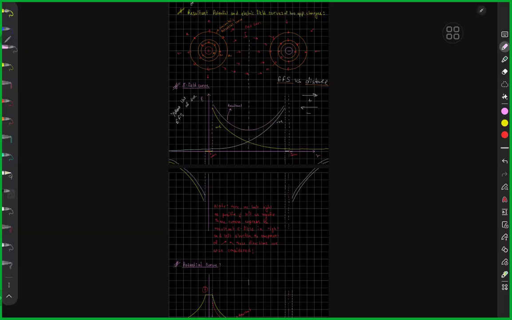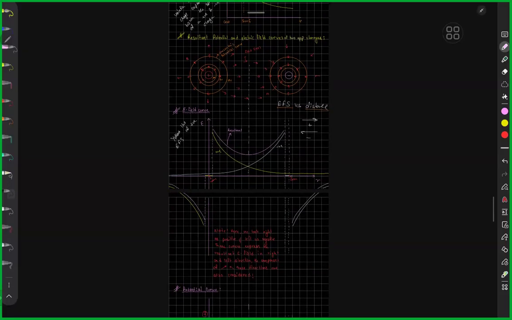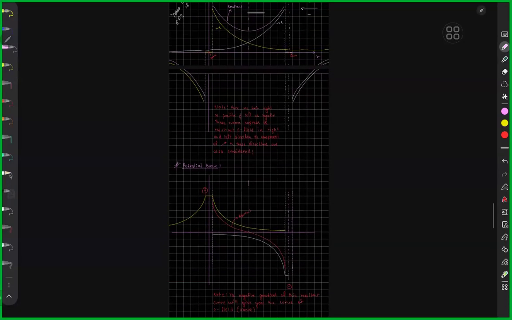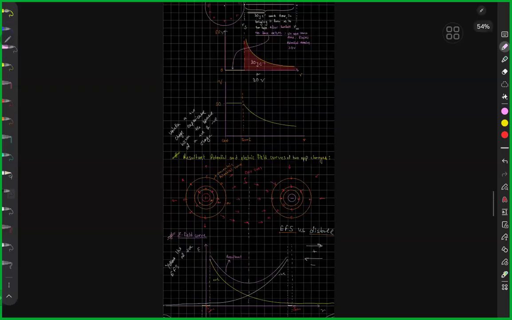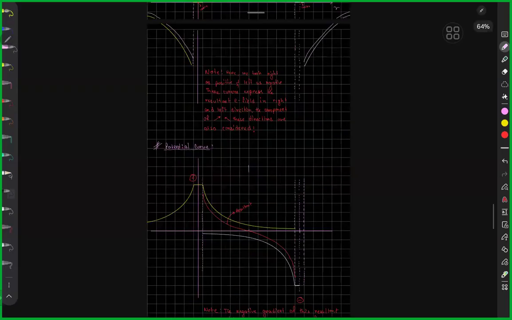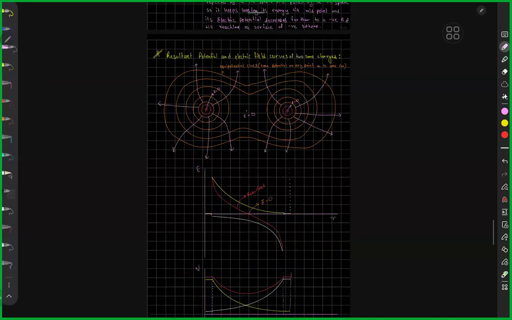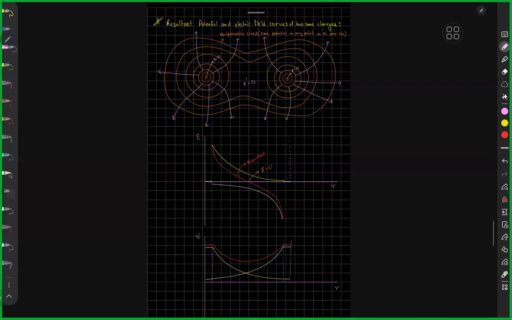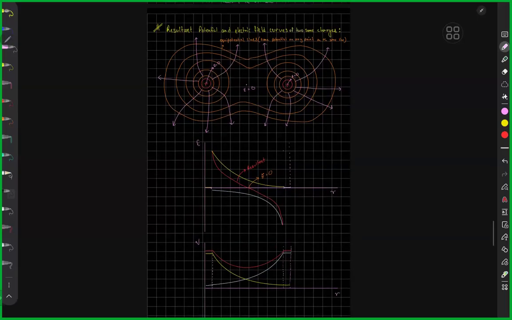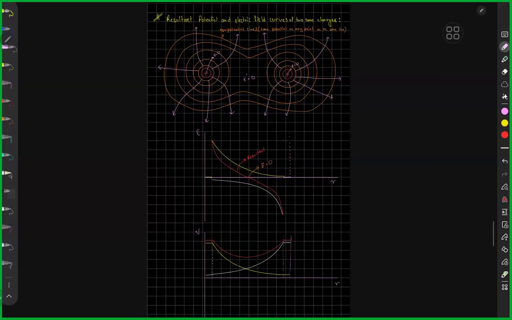So ultimately, a small point and I'll move on to the next potential curve, which is also tricky. Did I add this? Or is this in the syllabus? Resultant potential and electric field curves of two same charges. This is in syllabus.